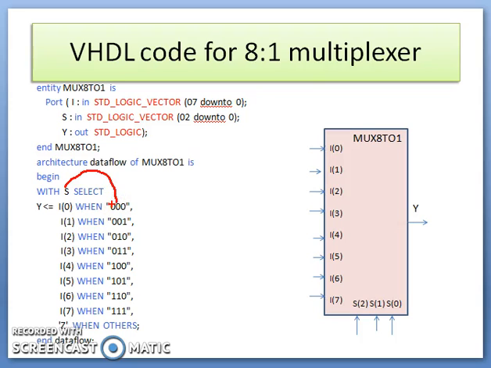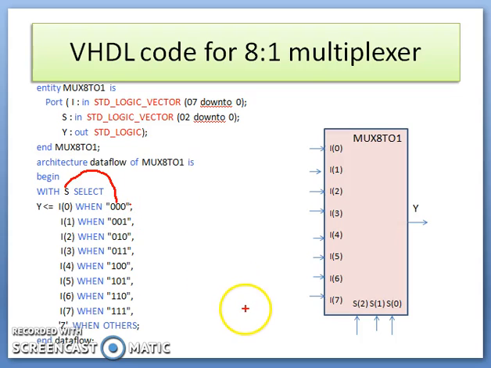S2 is the MSB since it is at the start, and the last one is S0, the LSB. Here this bit represents S1, and this bit represents S0. When there is a group of bits, you have to include it in double quotes.